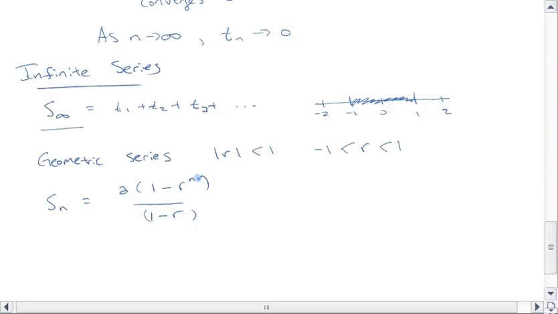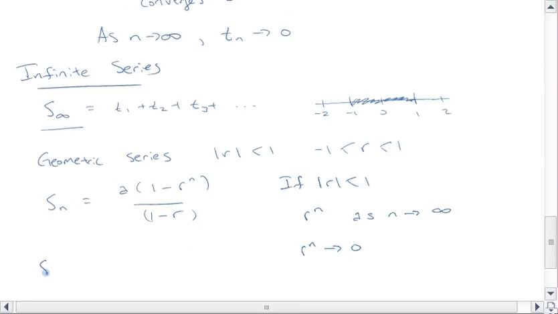Now, if the magnitude of r is less than 1, then r to the power of n is going to keep getting smaller and smaller. As n gets bigger and bigger, approaching infinity, r to the n approaches 0.